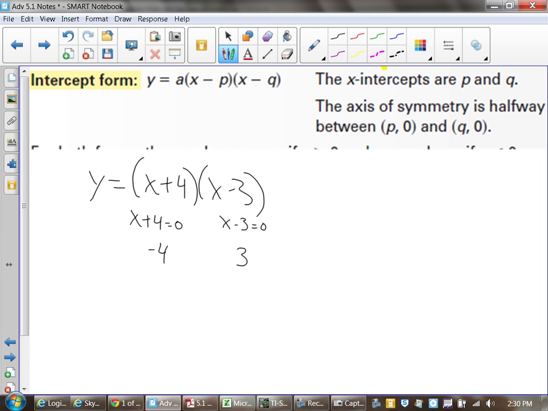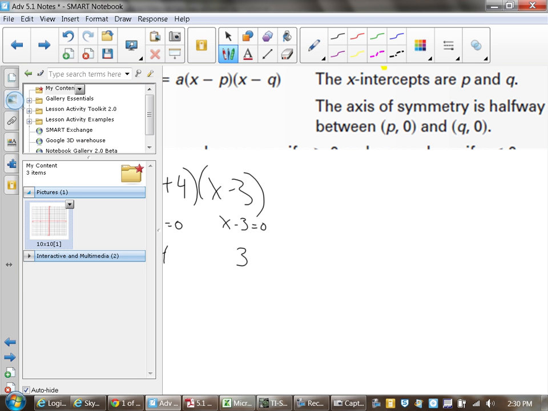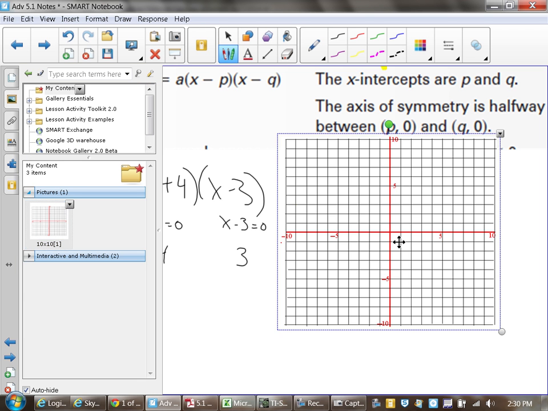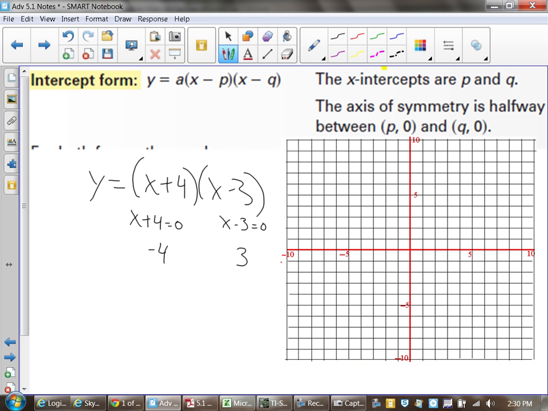When you found zeros while factoring, you were figuring out where the graph of this quadratic was crossing the x-axis. What intercept form is doing is giving you a factored quadratic to start with, and all you have to do is identify your zeros.